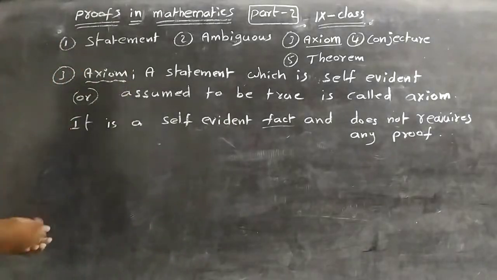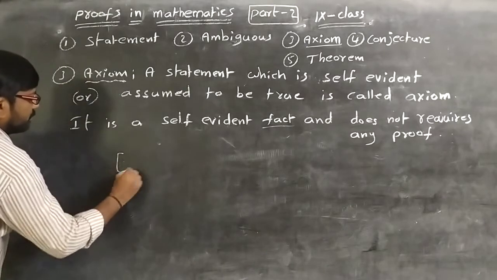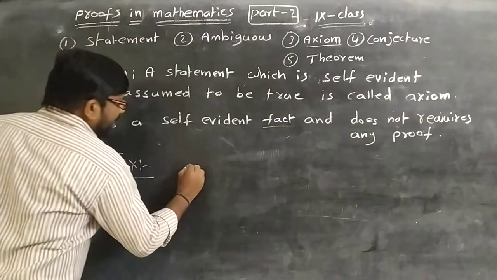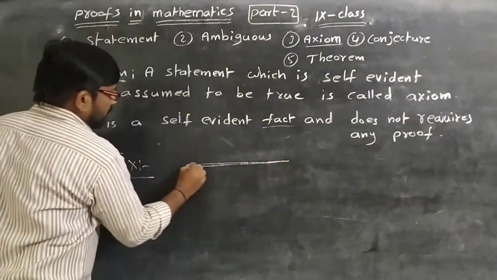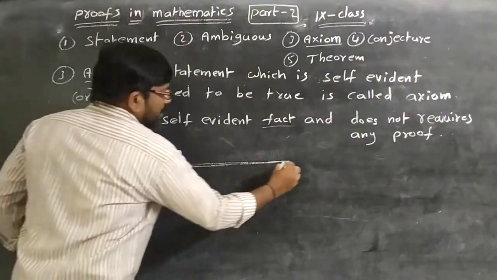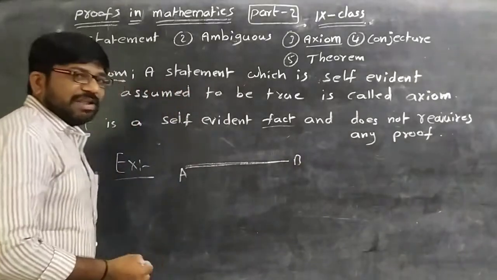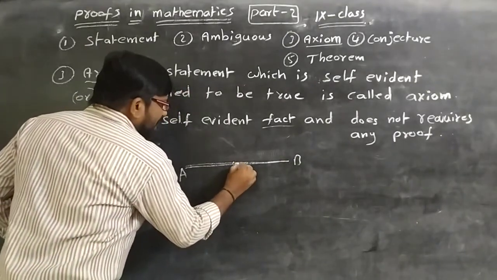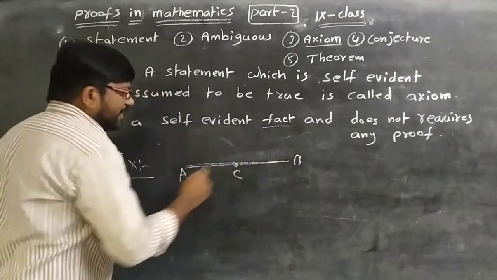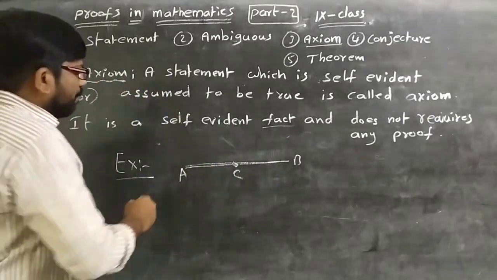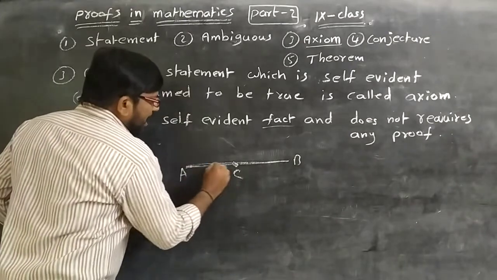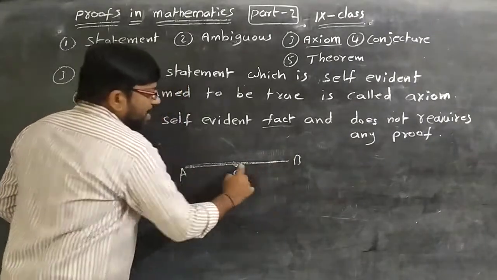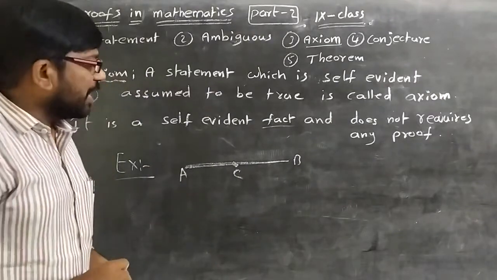See, for example, observe carefully, it is a line segment. AB is a line segment, right? So in which C is any point on the line segment AB, right? Here AC is a part of AB and BC is also a part of AB, right?